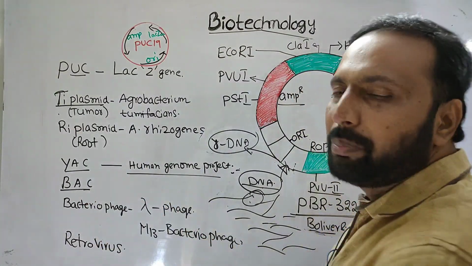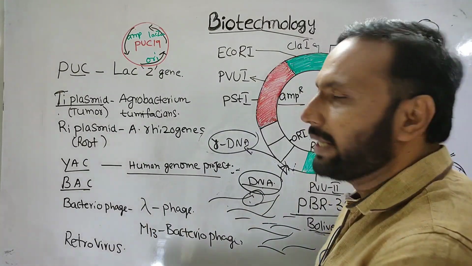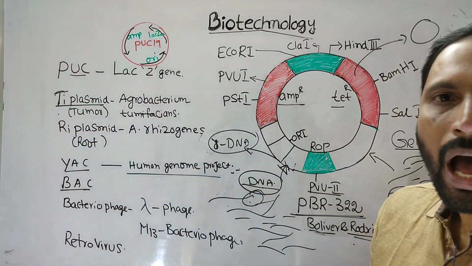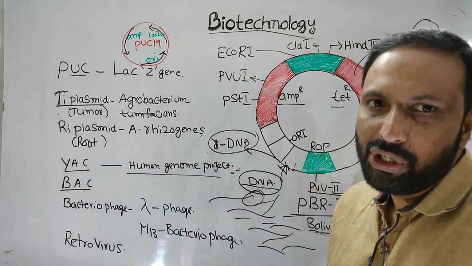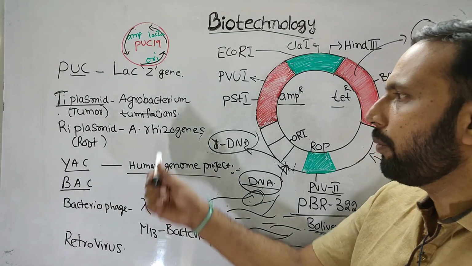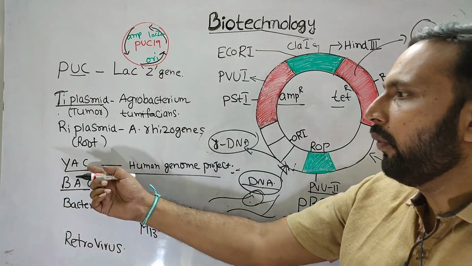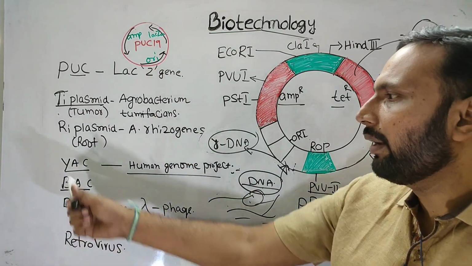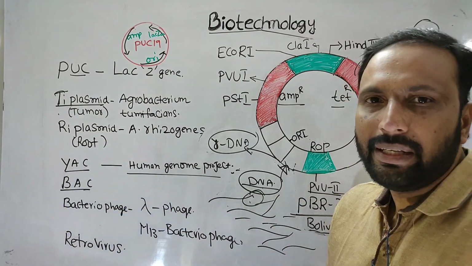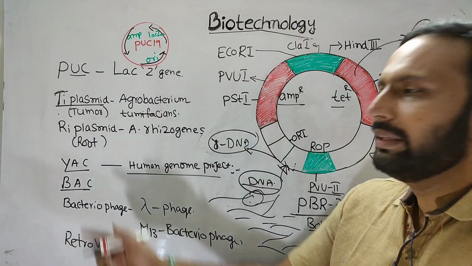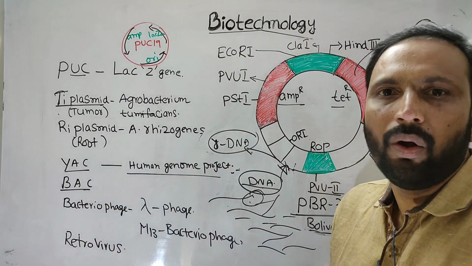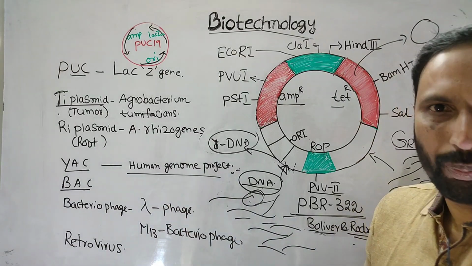The Ti plasmid is a widely used vector extracted from Agrobacterium tumefaciens. Another one is the Ri plasmid, the root inducing plasmid, extracted from Agrobacterium rhizogenes. And YAC and BAC, the yeast artificial chromosome and bacterial artificial chromosome, are widely used in the human genome project.